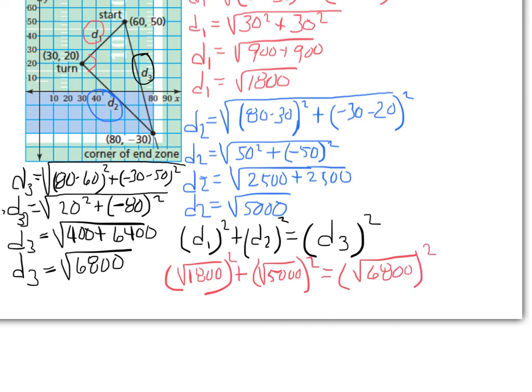Well, from previous chapters and previous knowledge, remember that squares and square roots undo each other. How that's going to help me here is that when I look at the square root of 1800 and I square it, basically what I'm saying is the square root of 1800 times the square root of 1800, which is going to simply leave me with 1800. The square root of 5,000 times the square root of 5,000 gives me 5,000.